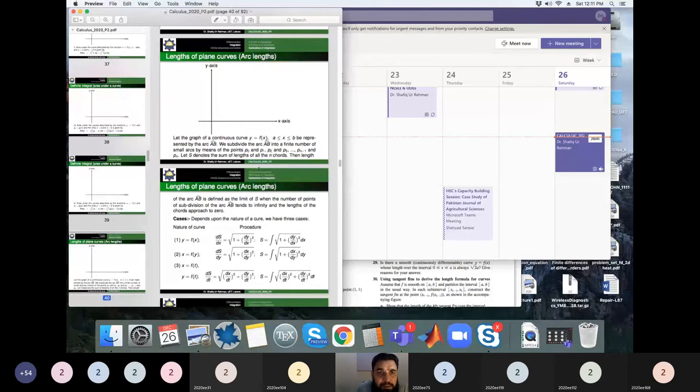Curves are there, with a continuous function behind the scene, and we are interested in capturing the length of that curve. How would you do that? There are formulas behind the scene based upon the nature of the curve.